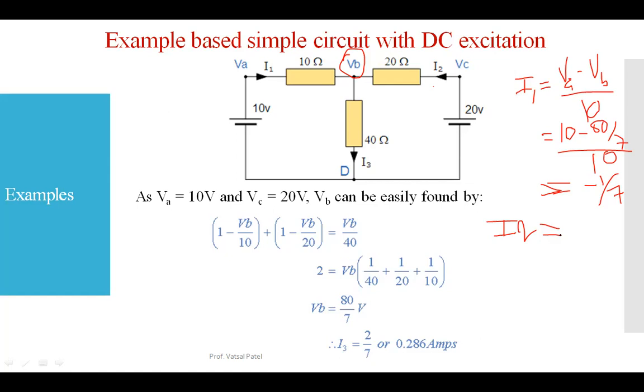So by any method or equation, you can identify the current I2 component. So calculate and tell me what is I2. What is the value of I2?